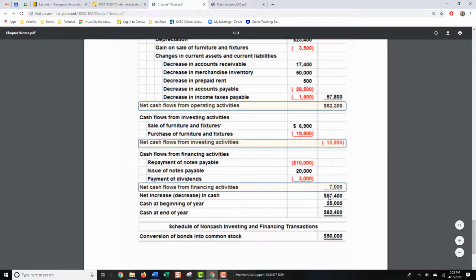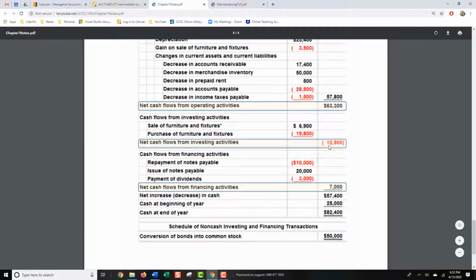This $57,400 change from 25 to 82 was from these three numbers: the 63,300, the minus 12,900, and the positive 7,000. So cash increased from operating your business by 63,300.